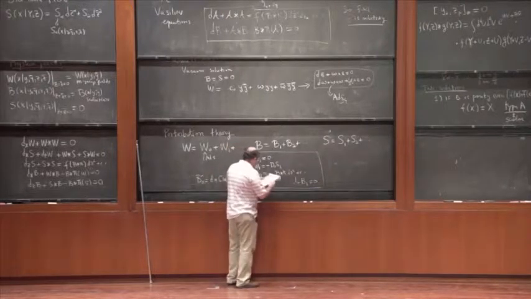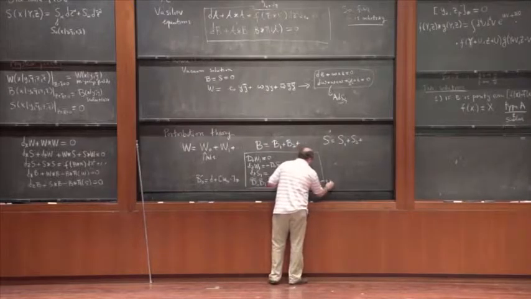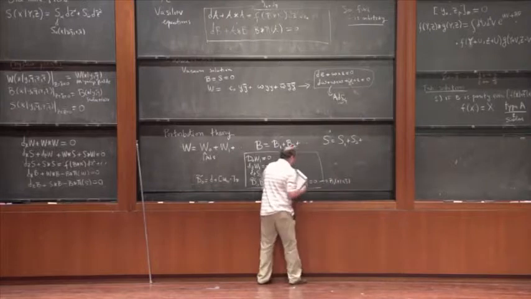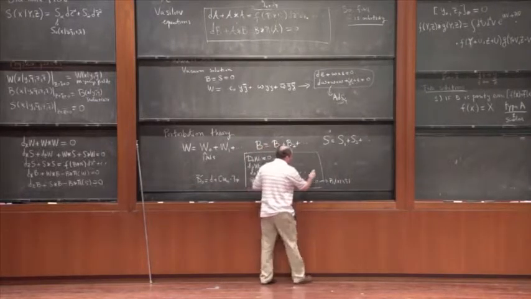So this one tells you that B1 is only a function of y and y bar. Once you know that, you can plug it here and solve for S1 schematically.